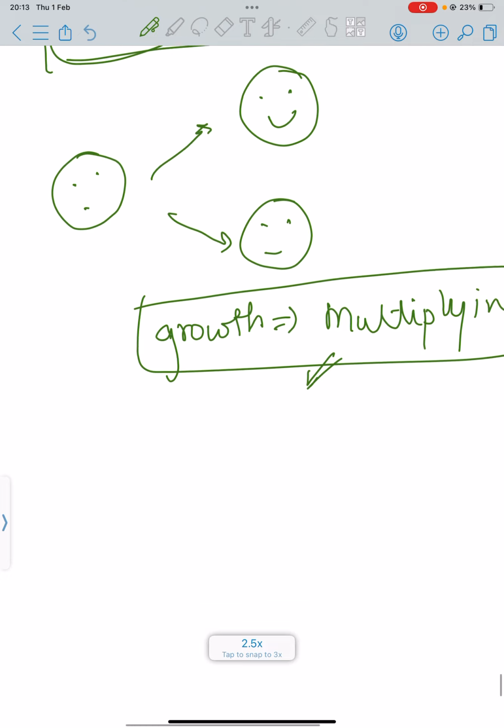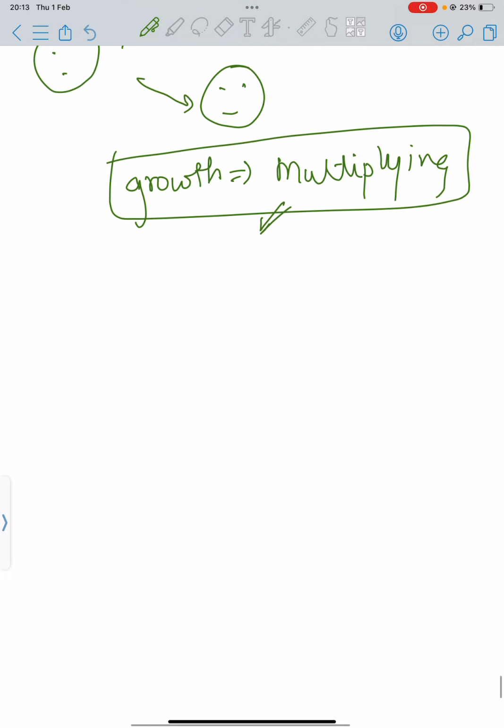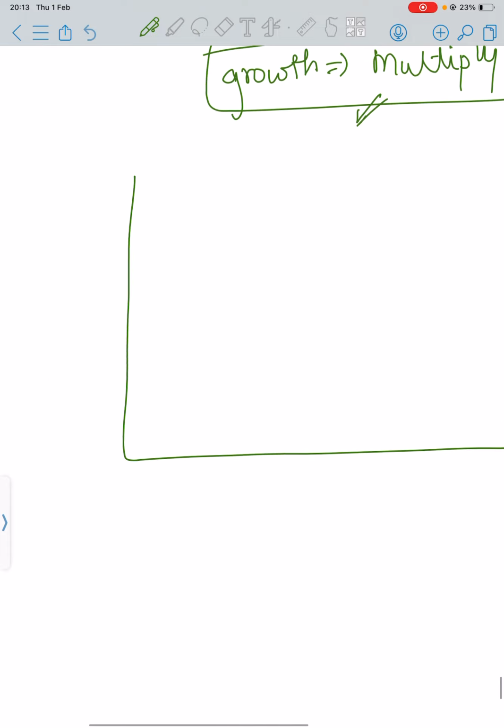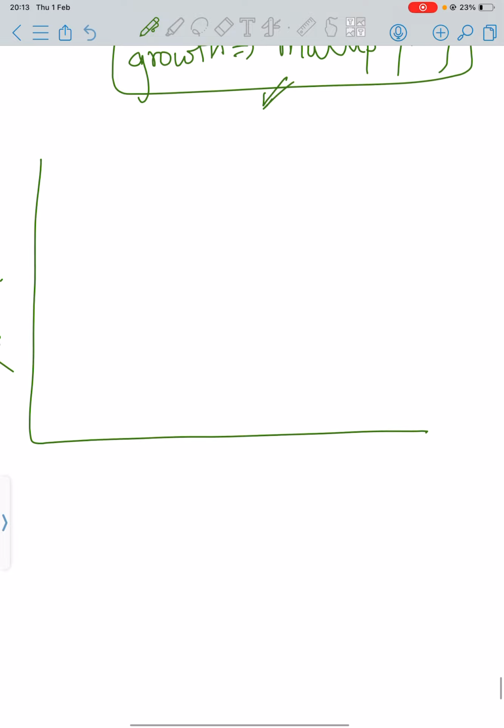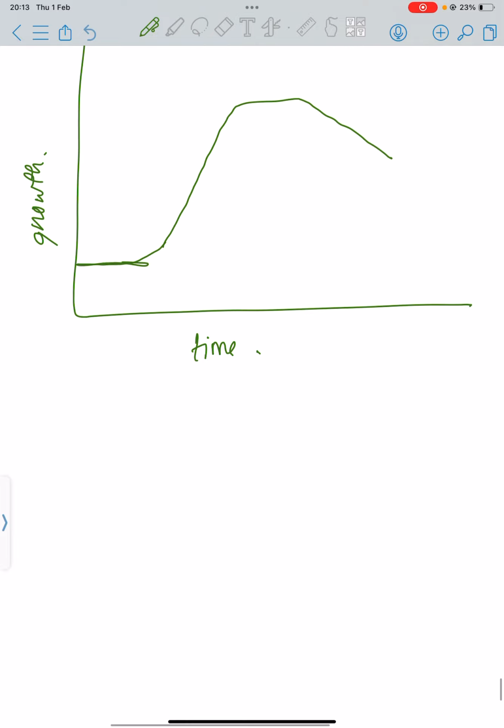Okay, so how do bacteria grow? If you consider this to be the growth, and this to be the time, bacteria grow like this. Now I'll describe each phase. This is the lag, log, stationary, and decline phase.